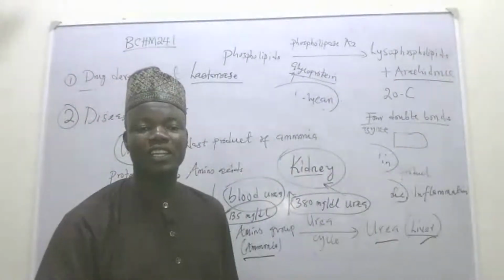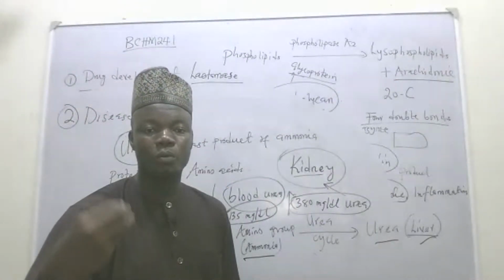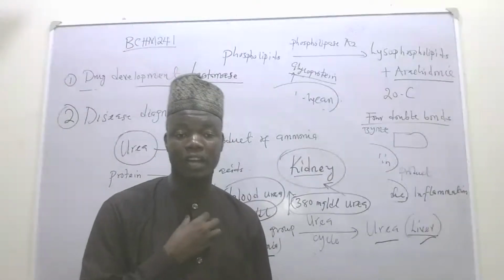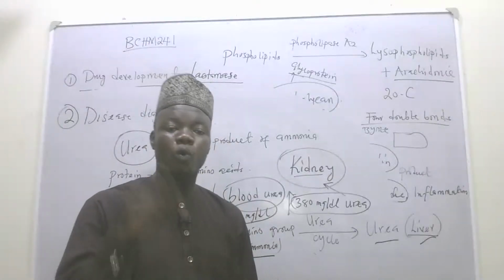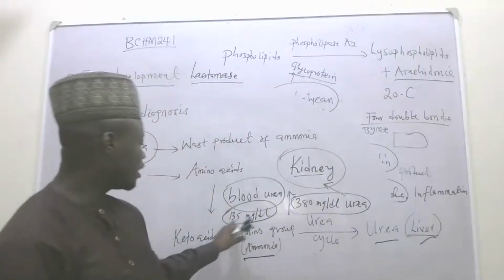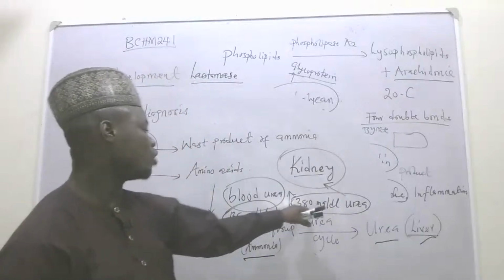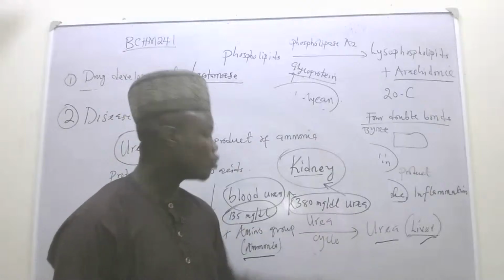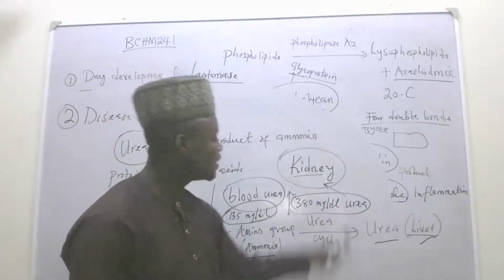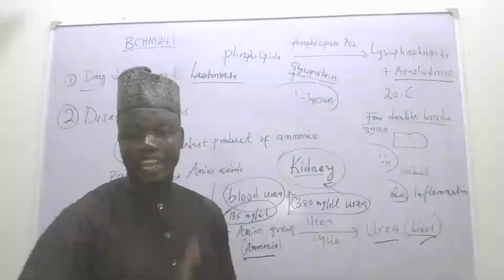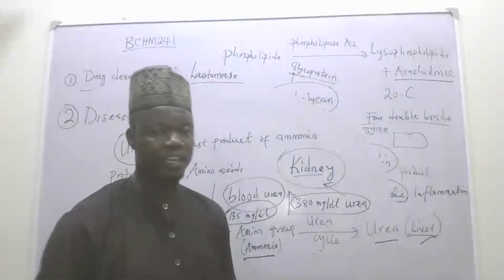But why do you think the problem is from the kidney? Why not the liver? It's supposed to be 135 milligram per deciliter, and you now observe 380. So where do you think the problem is, the liver or the kidney? The answer is perfect.